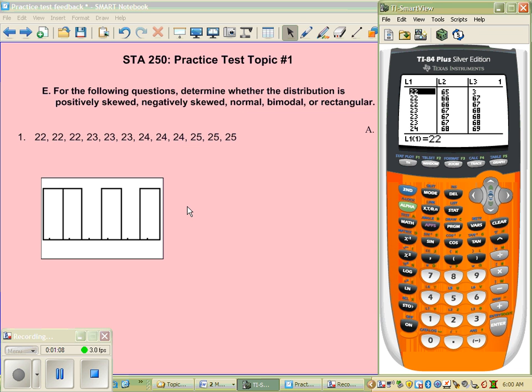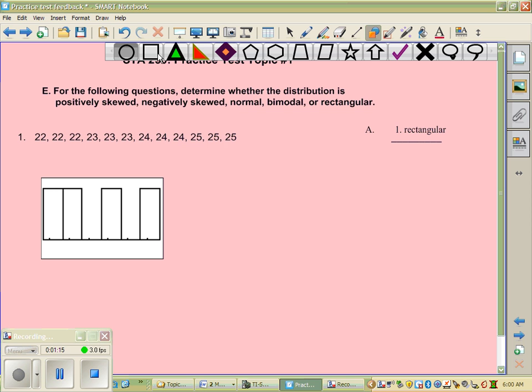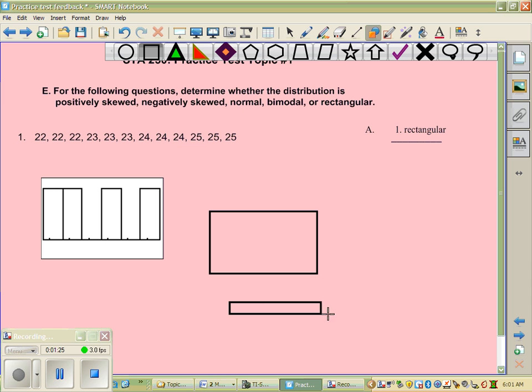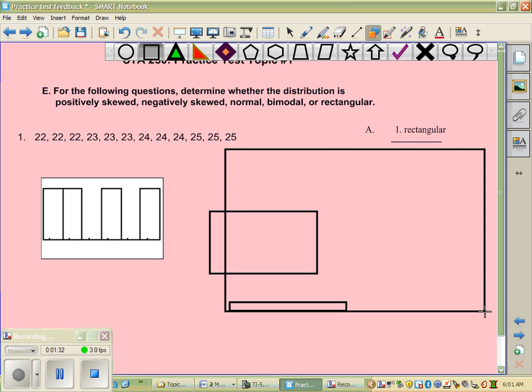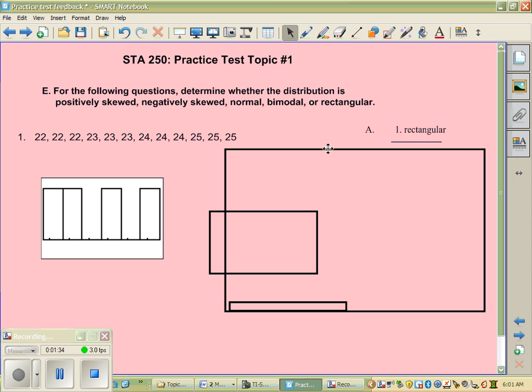It has the same height all the way across. Everyone knows what a rectangle looks like. If I draw a rectangle, we know it's a consistent shape, whether it's that tall and that long, or a big honking one. We know it has the same shape, so that's what it means by rectangular.